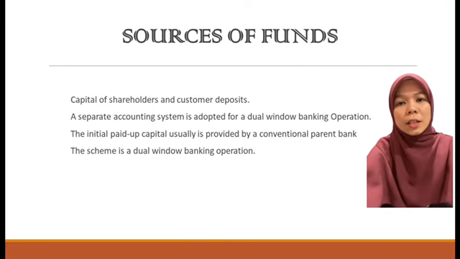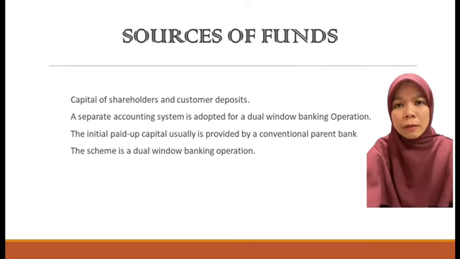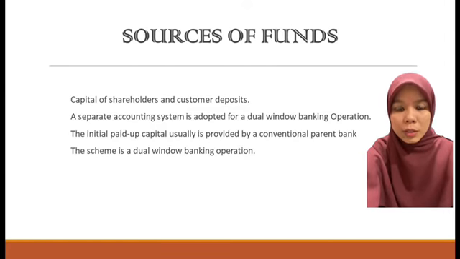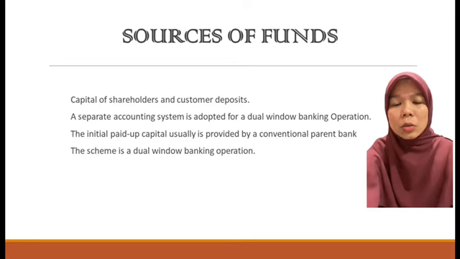There are basically two principal sources of funds, namely working capital of shareholders and customers' deposits. A separate accounting system is adopted for a dual-window banking operation, which separates all Islamic bank funds from conventional banking funds and avoids the mixing of funds.